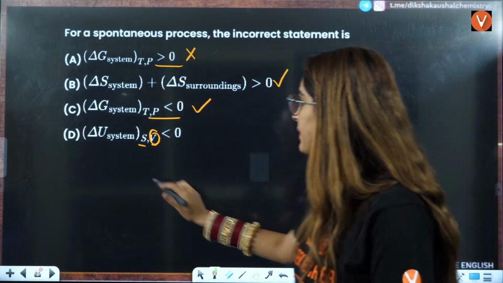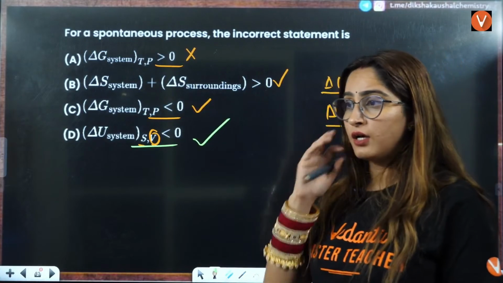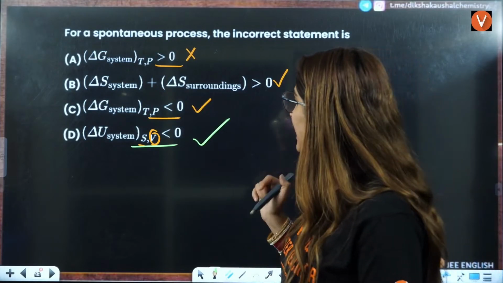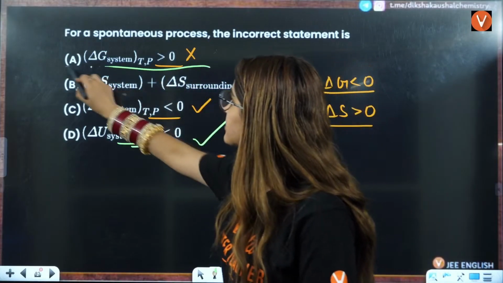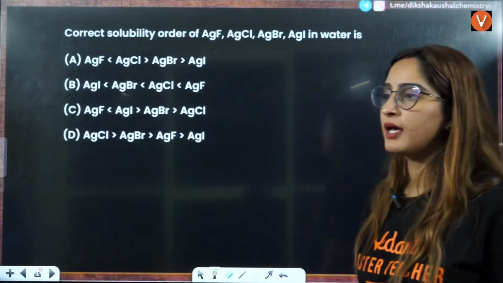At constant entropy and volume, we can say that this is also true. So this is definitely not true. The incorrect statement is A.